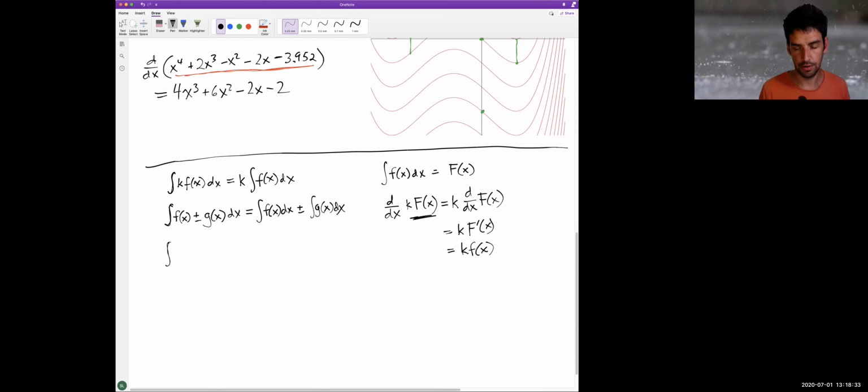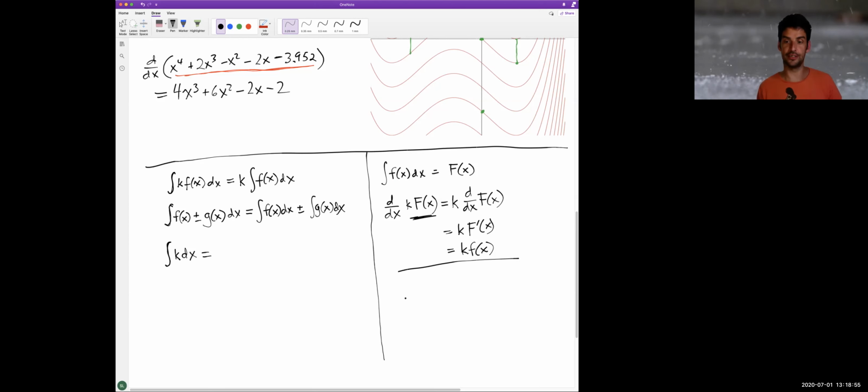Suppose I want to take k here as just a constant. Suppose I want to take the antiderivative of a constant, right? What things do we take derivatives of and get constants? Well, I'm just doing some scratch work on the side. We'll keep all our rules over here on the left.